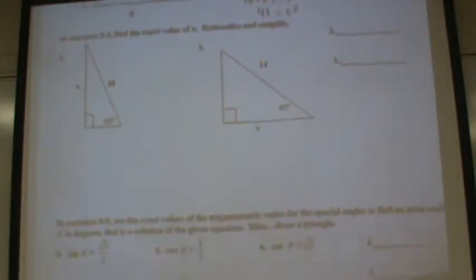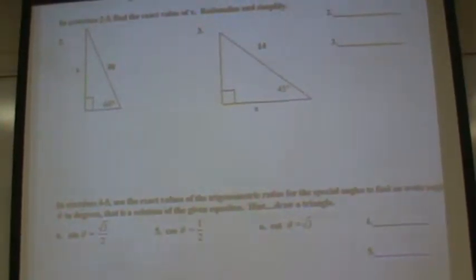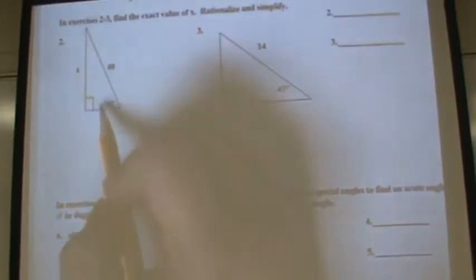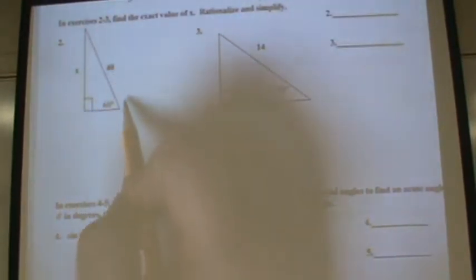Number 2 and number 3 are knowing your 30, 60, 90 triangle and your 45, 45, 90 triangle. You're asked to find the exact value of x for each problem and rationalize and simplify if you can. So in number 2, we're given a 30, 60, 90 triangle and we're given the hypotenuse.